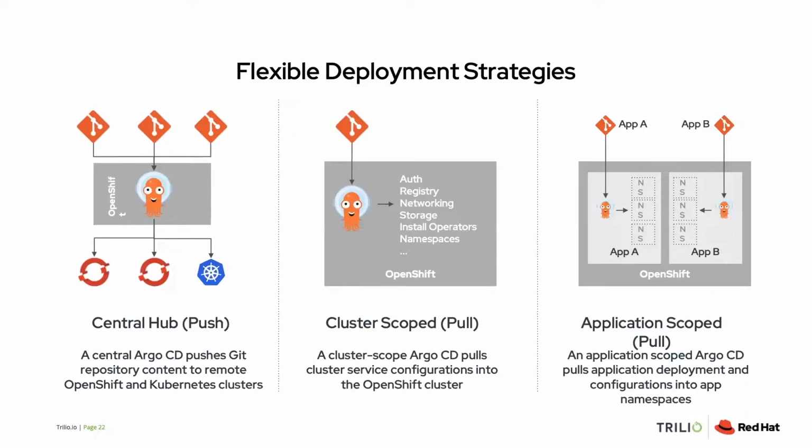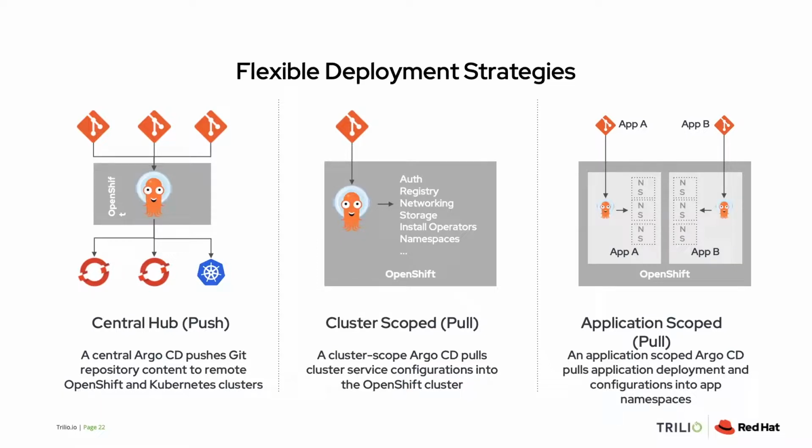So ArgoCD, and specifically OpenShift GitOps, allows you to have flexible deployment strategies, right? There are many ways to slice the cake, as it were, to be able to get a deployment strategy that works for you and works for your environment. There are different methods, and all of them are supported from a central hub, right?